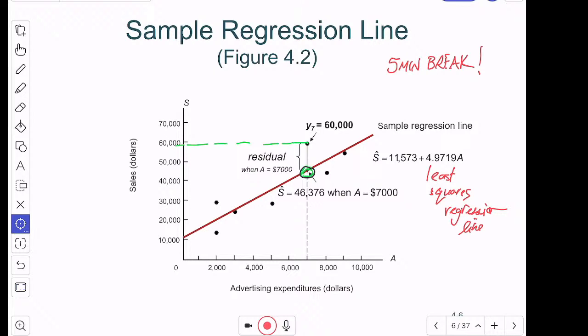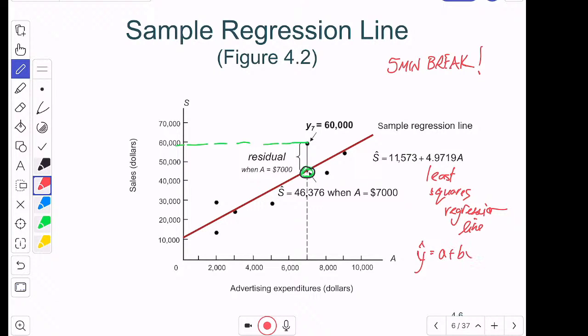Remember, this line was y hat equals a plus bx, where a and b are parameters, statistics meant to estimate parameters. So I could put a hat on them or not. There's a tendency not to put hats on them, but anyway.